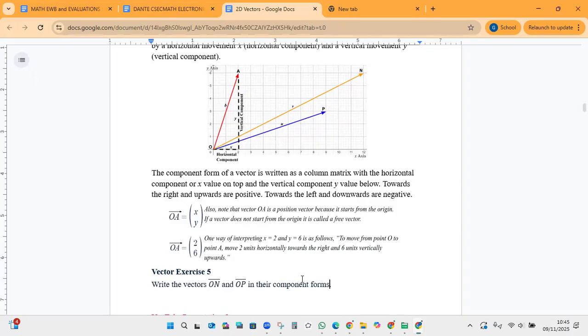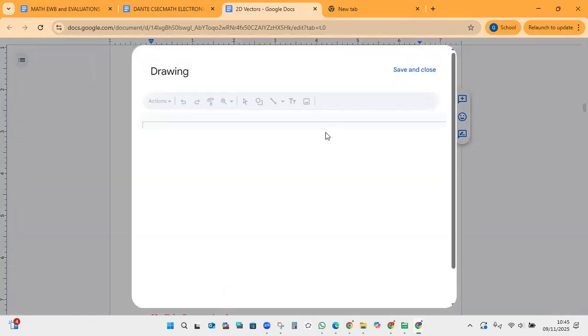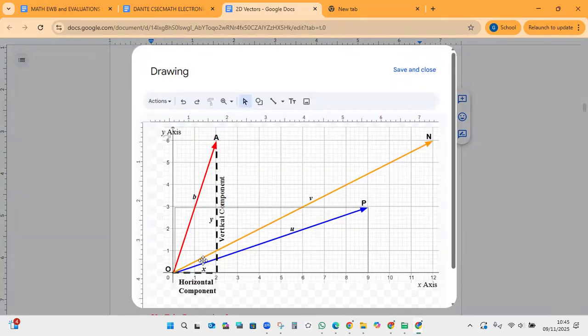Okay, so that's exercise 5. So vectors ON and OP, write them in their component form, the X and the Y's.